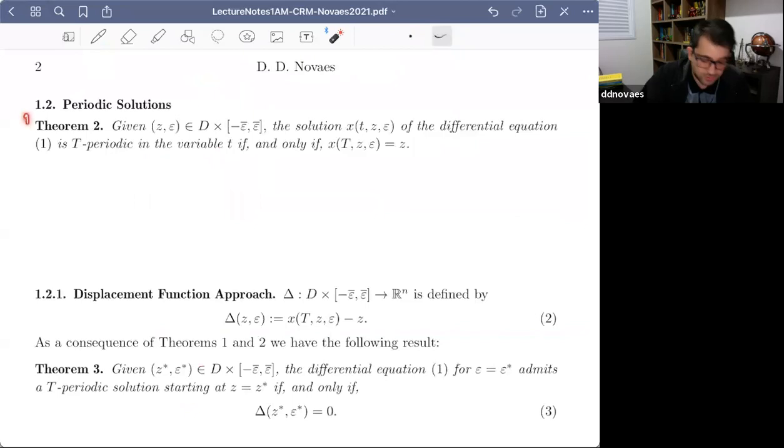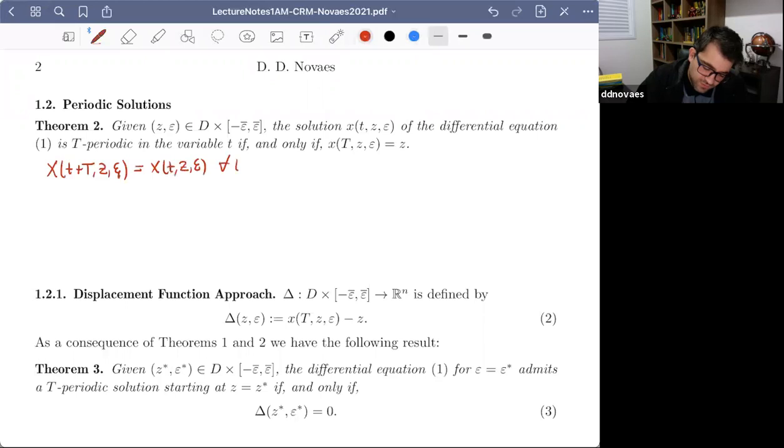The second classical result I want to show is a characterization of periodic solutions for differential equations like equation 1. A solution of a differential equation is periodic if x(t + T, z, epsilon) is equal to x(t, z, epsilon) for every t in the interval of definition.